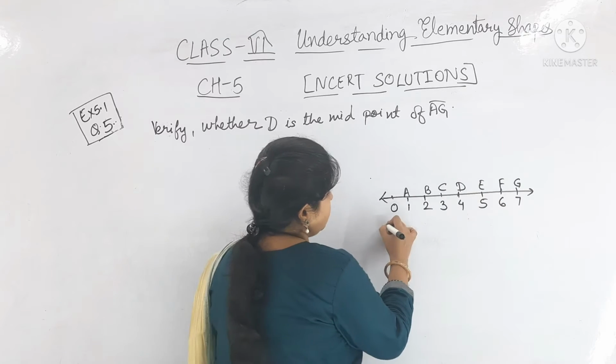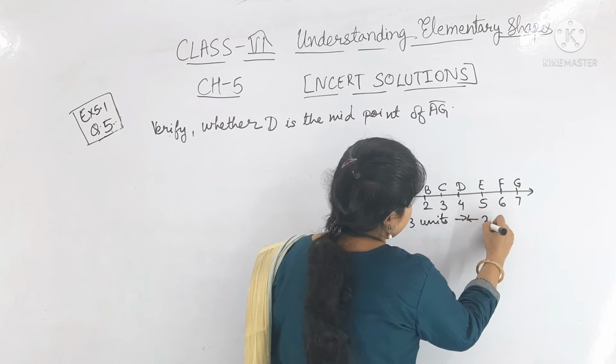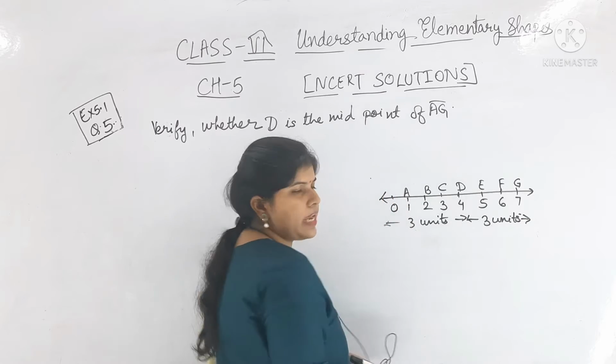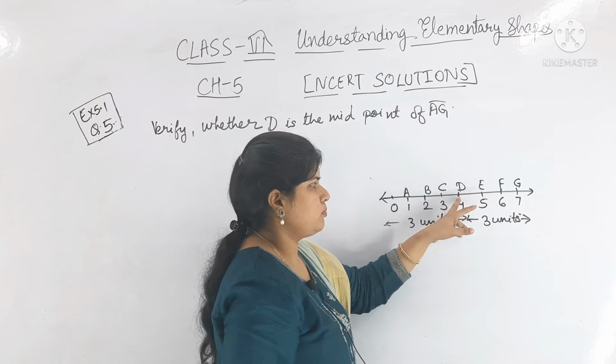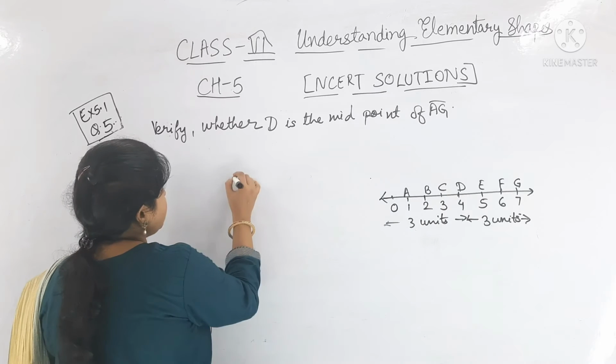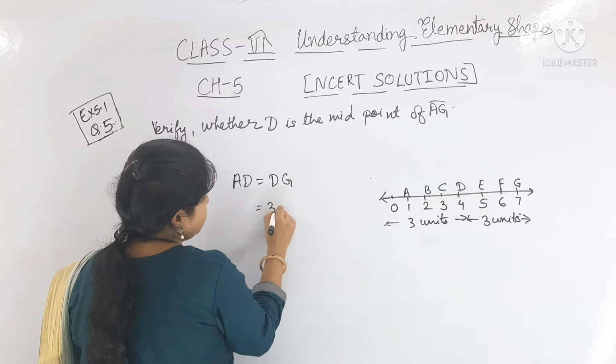This is 3 units and this is also 3 units, so yes, they are the same. D should be the midpoint only if AD equals DG. So you have to write AD equal to DG equal to 3 units.